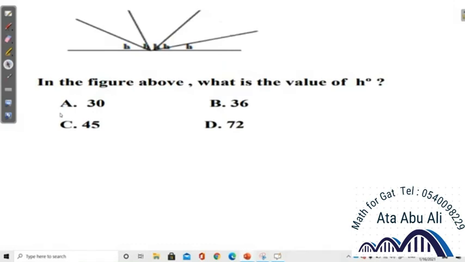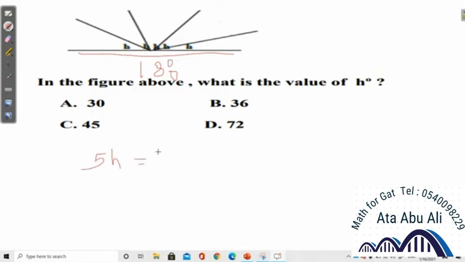Now I have here 5 angles. All of them are the same because they have the same letter, which is H. So, as we said from the previous questions, this is a straight angle, which means all of this has to be 180 degrees. So now, if I add all of them, H plus H plus H plus H plus H, it becomes 5H. 5H is equal to what?